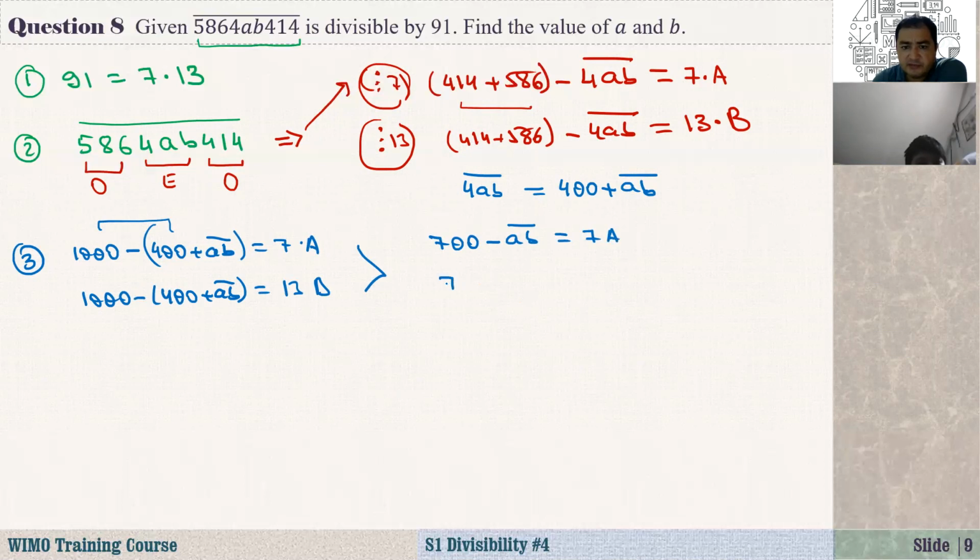And the same 600 minus AB is equal to 13B. Why did I write 700? 1000 minus 400, it is 600.